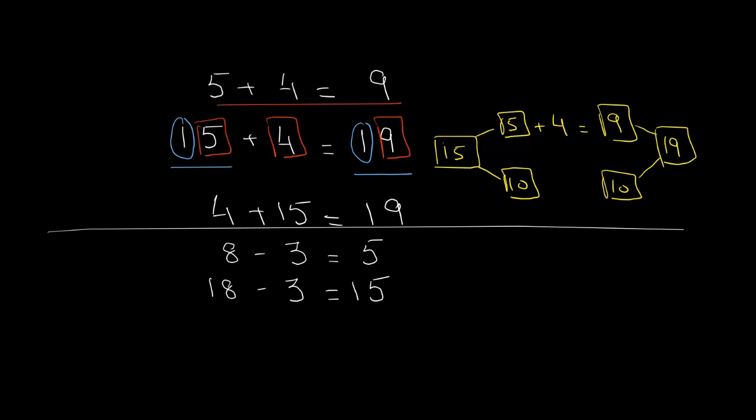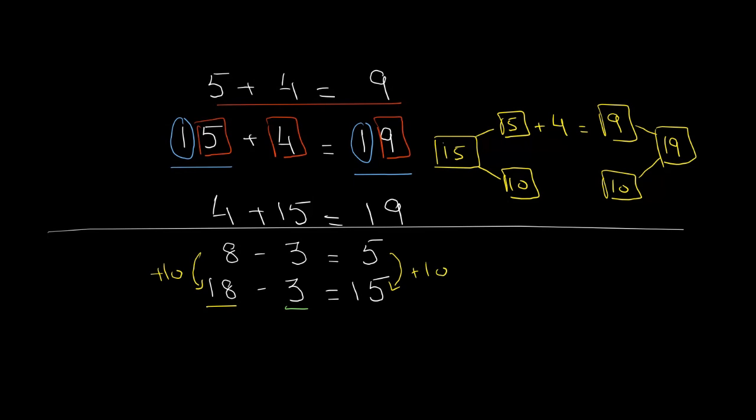We can also remind our child that this is the same principle: the first term is called the minuend, the second term is called the subtrahend. So if the minuend increases by 10, the difference increases by 10. This went up by 10, which means that the difference must also increase by a 10.